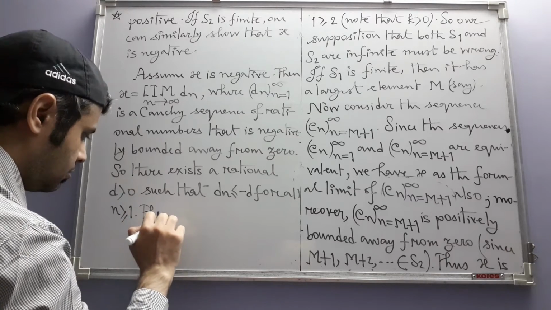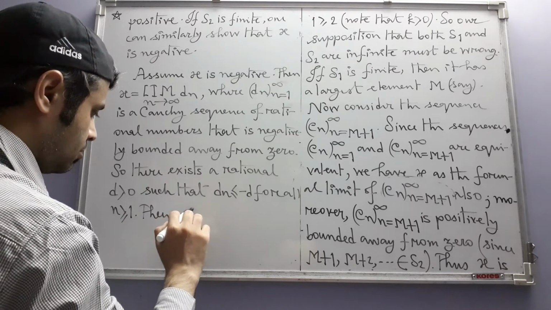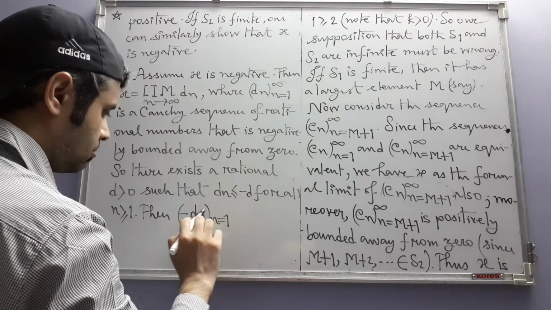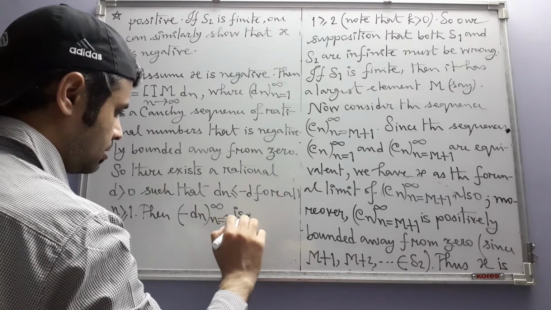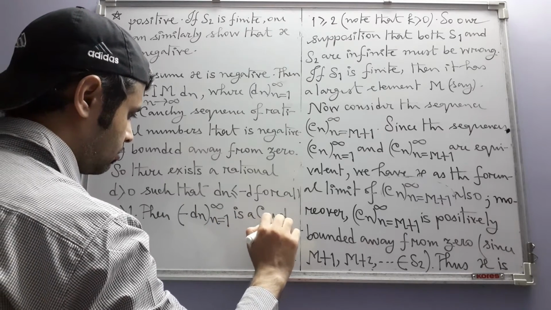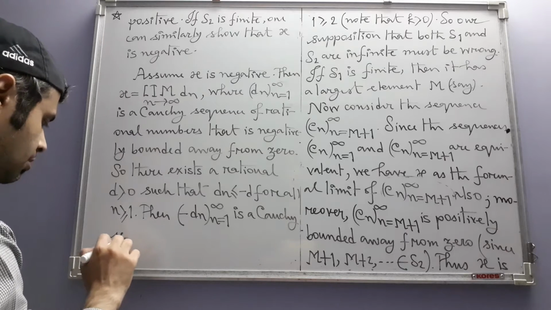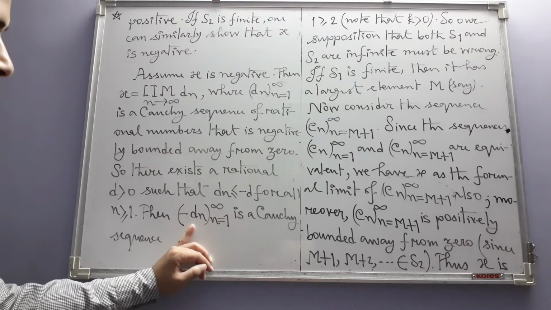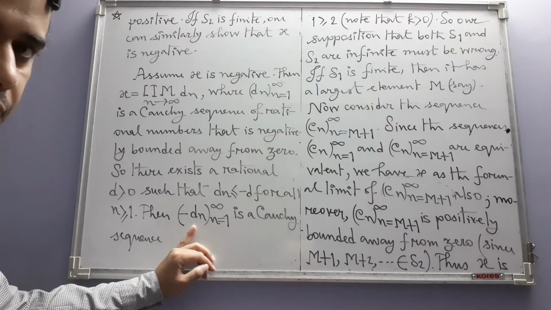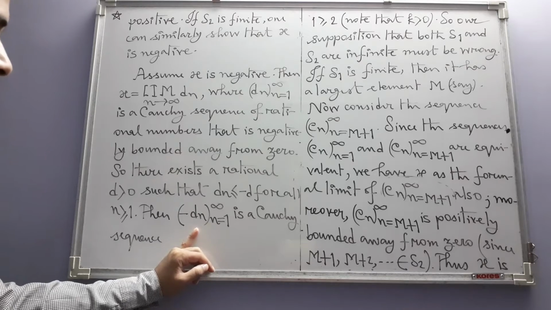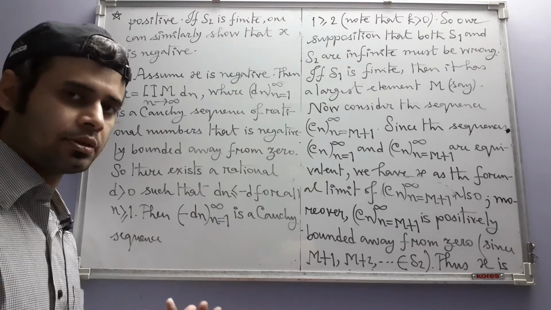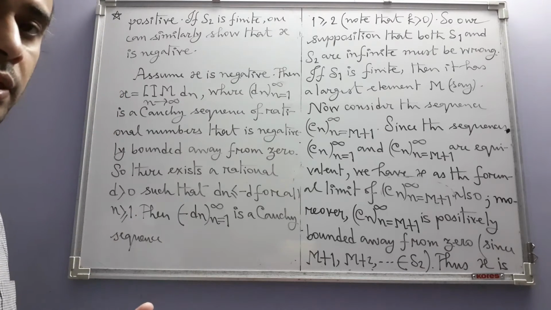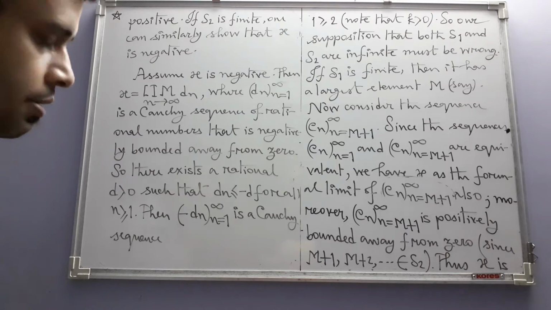Then minus d_n is a Cauchy sequence. We already know that if we multiply all the terms of a Cauchy sequence of rational numbers by minus 1, then the resultant is also a Cauchy sequence. In fact, that ensures that the operation of negation of real numbers is well defined.